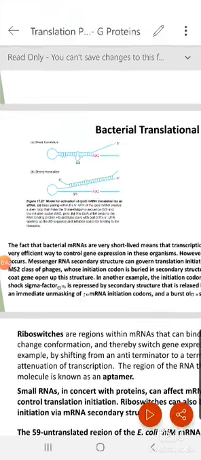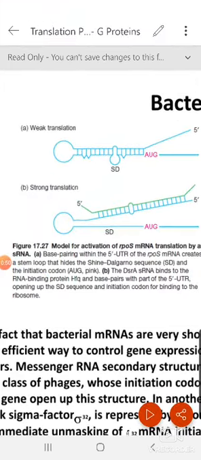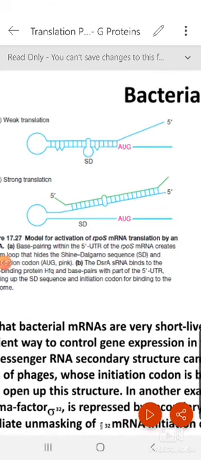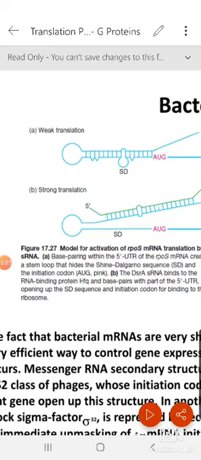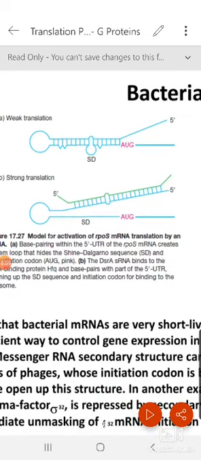So the message here is that the secondary structure of mRNA plays a crucial role in prokaryotic translational control. Let us see this one. This is a model for activation of RPOS mRNA translation by an sRNA, a small RNA. RPOS mRNA codes for a sigma factor. You remember in transcription, the RNA polymerase sigma factor plays a crucial role in recognition of transcription initiation, and there are different types of sigma factor.